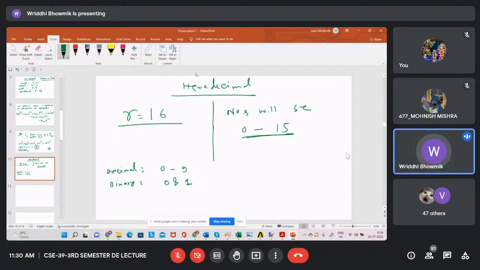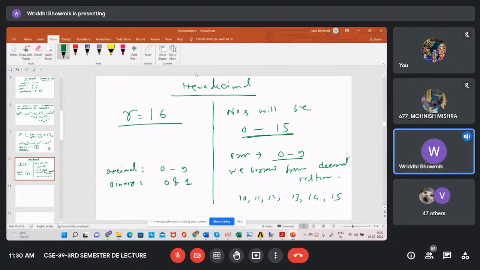Now the very interesting thing is that 0 to 9, we borrow from the decimal system, and also 0 to 9 are the digits. But when you are going for 10, 11, 12, 13, 14, and 15, these are numbers, because these numbers actually contain the digits.